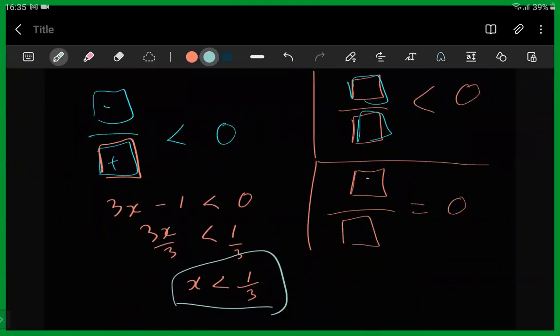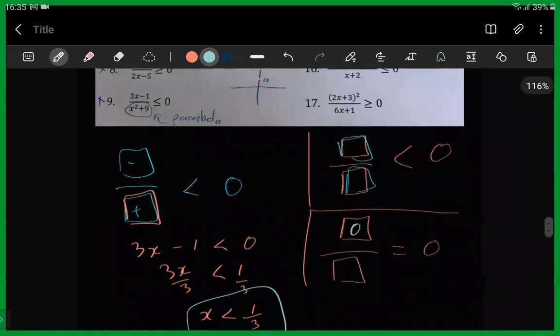The top has to be a 0 for this to be a 0. For this fraction to be equal to 0, the top should be a 0. The bottom cannot be a 0 because the whole thing will be undefined.